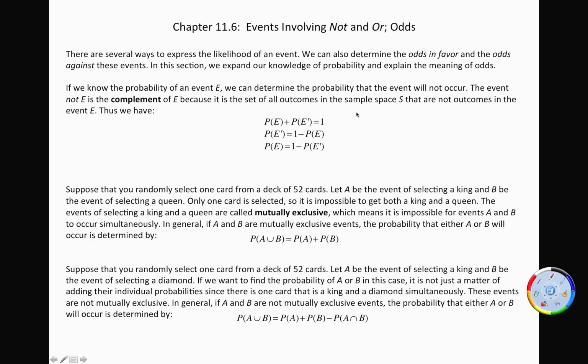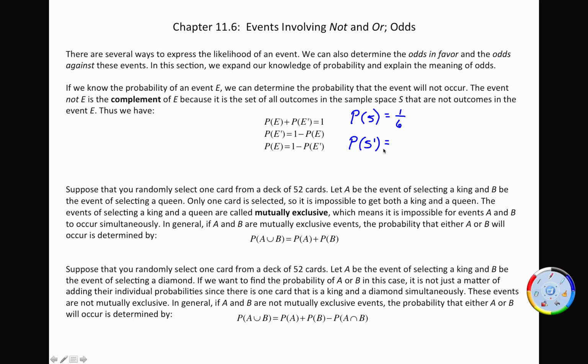For example, let's say what's the probability that you roll a 5 if you are rolling a simple 6-sided die. Since there's 1 five on the die out of 6 sides, the probability is 1/6. But the probability that you do not roll a 5 then is how many numbers are not a 5?